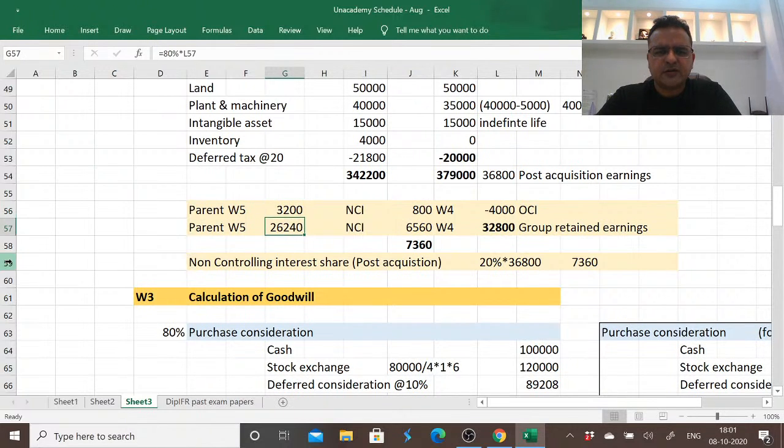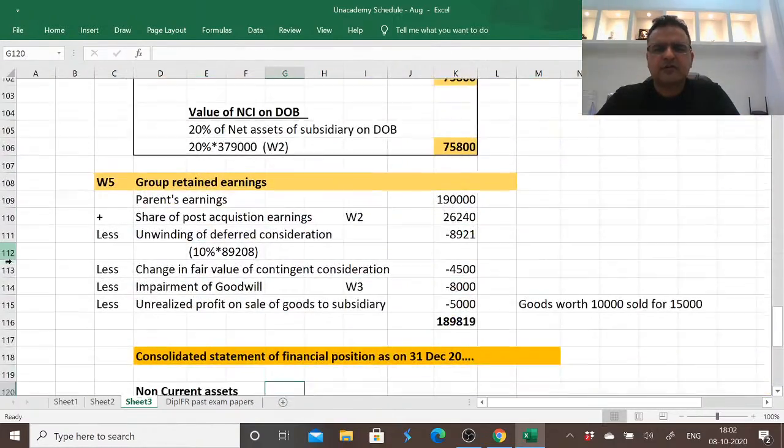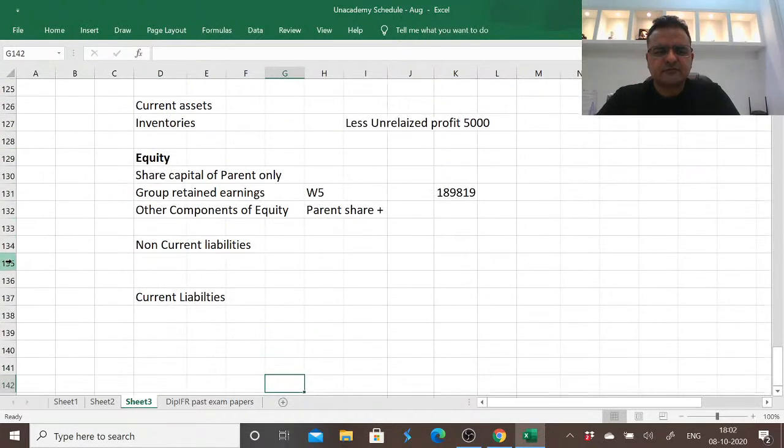So total earnings are divided into parent's earnings, and this was supposed to be working note number 6, 3,200 to be included as part of other components of equity. So parent share of other components of equity plus 4,000 derived from working note number 2, post acquisition increase in other components of equity.